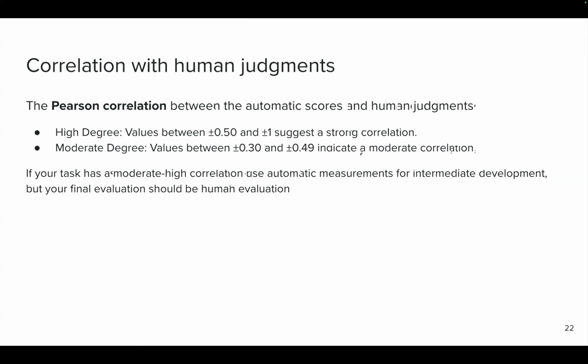Otherwise, if someone else had reported a correlation, you can say, all right, someone else for this specific data set had measured the correlation of human judgments of quality with LLM as a judge judgments of quality and has shown high to moderate correlation. This will be a sufficient signal for you to use LLM as a judge for intermediate development.